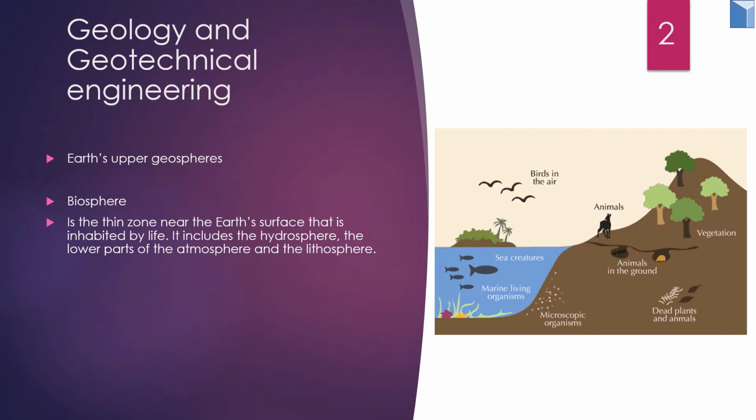A part of the biosphere includes the hydrosphere, which is the marine life in the oceans. The lower part of the atmosphere is used by birds, flying animals, and also insects that can fly and migrate from position to position at the surface of the Earth.